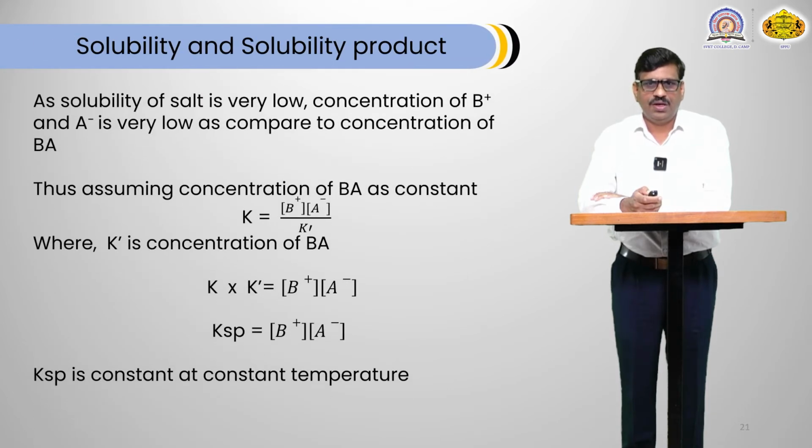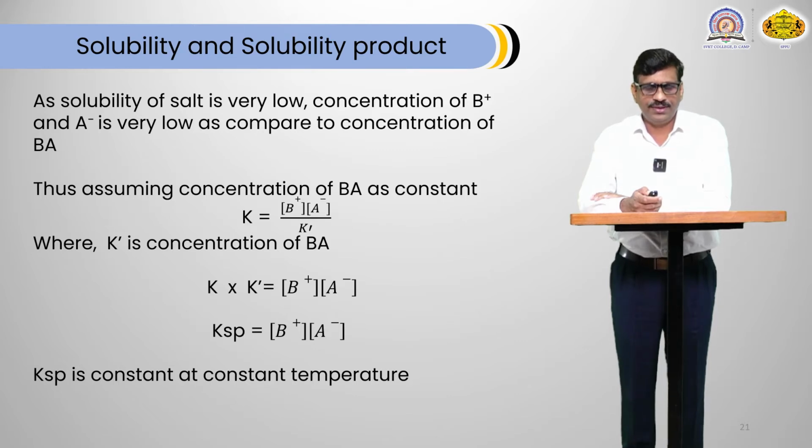As the solubility of the salt is very low, the concentrations of B plus and A minus are very low as compared to the concentration of BA. Here we are considering a sparingly soluble salt.